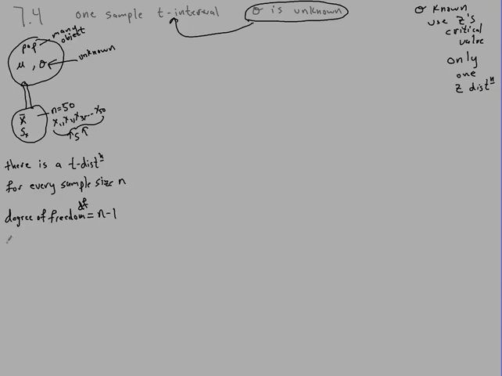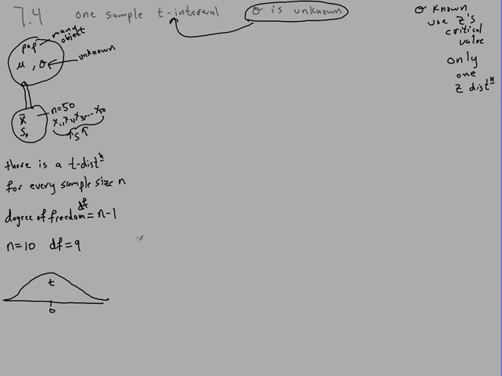But for example, if I took 10 people, then my degree of freedom would be equal to 9. So when you find your confidence interval, we're not in z's anymore, we're in t's. There's a lot more variability in t's than z's, so your critical values are going to change.